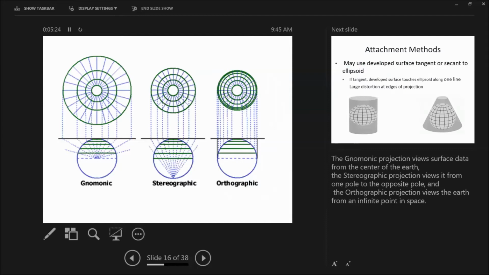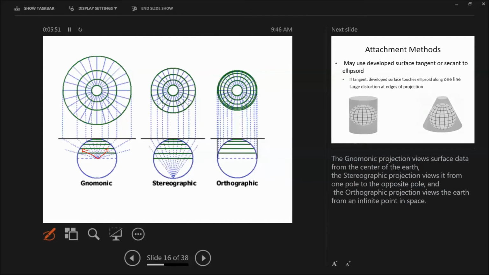I might ask you questions, like which one is the stereographic versus which one is the orthographic, or which one is the gnomonic. So the gnomonic is the one I just showed you: the center of the projection, the bulb, is in the center, and you emit the light radially from the center. And this is how it will look.